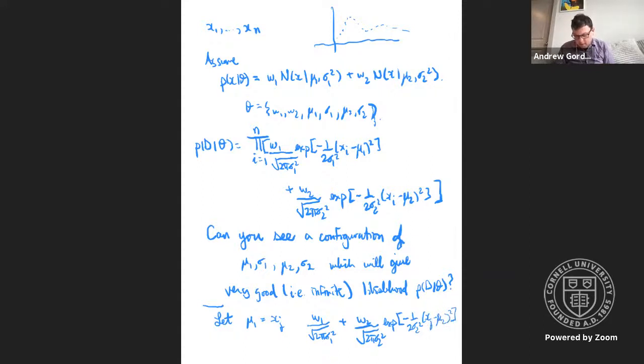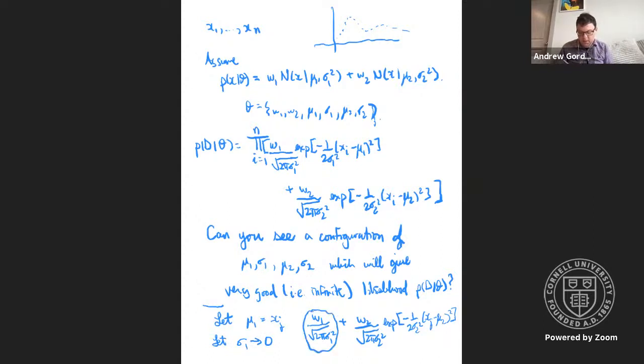All right. So now what can we do to sigma 1 to make this expression really, really large? Small number, yes. So let sigma 1 go to 0. So in that case, this first term will just blow up.